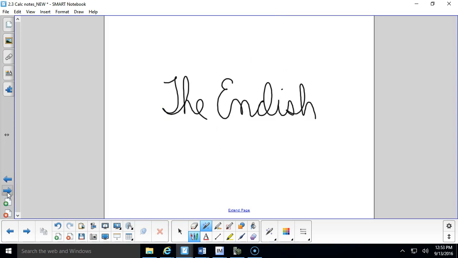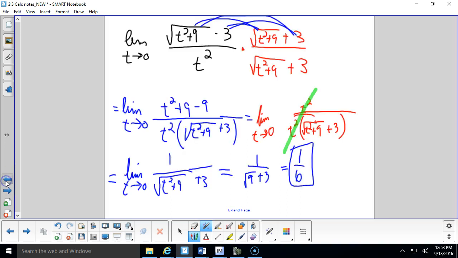So here's what you're supposed to be able to get out of here. Given some kind of function, be able to evaluate the limit. Often a limit can be found just by substituting a number in. But on the more interesting problems, that can't happen, and you have to do some work. This was one example of that, where you had to rationalize the numerator.